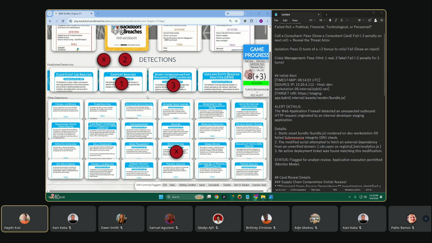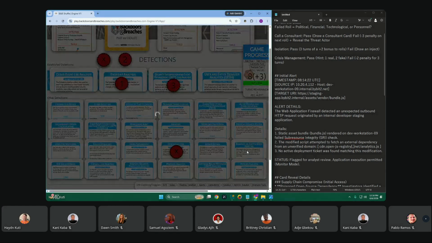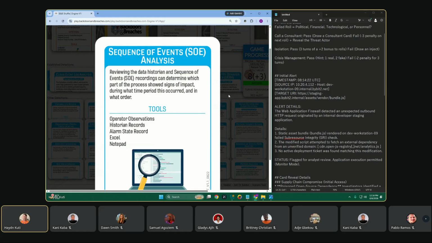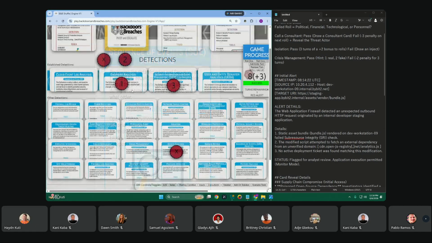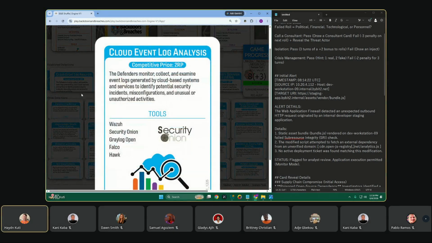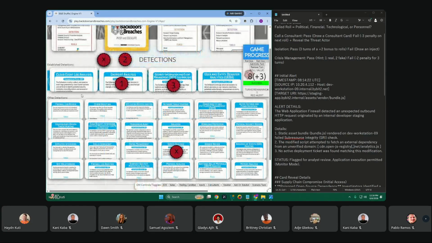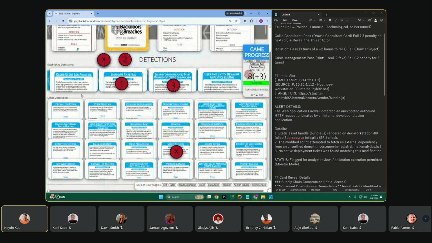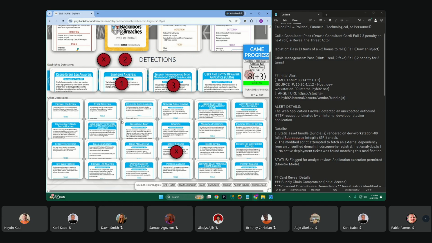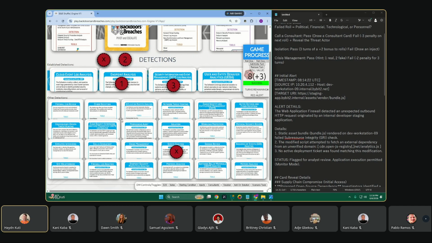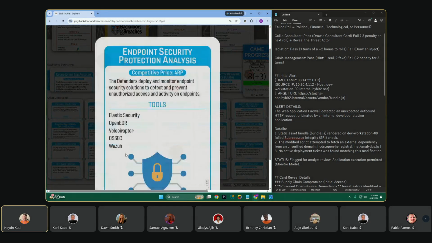We'll say sequence of events analysis is one of them. Cloud event log analysis is one of them. And the last one, I was just thinking, will be endpoint security protection analysis.